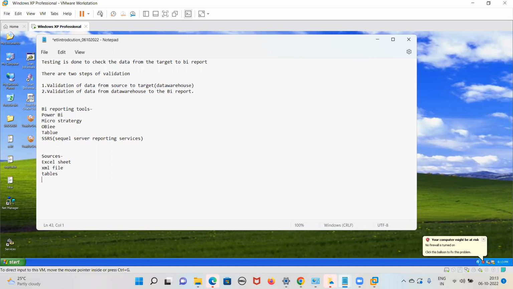It can be a file like a TXT file or CSV file, that is a text file, or comma separated values file. So these are nothing but your sources. And from the sources, data is transformed and then loaded into the target. That is called ETL testing.